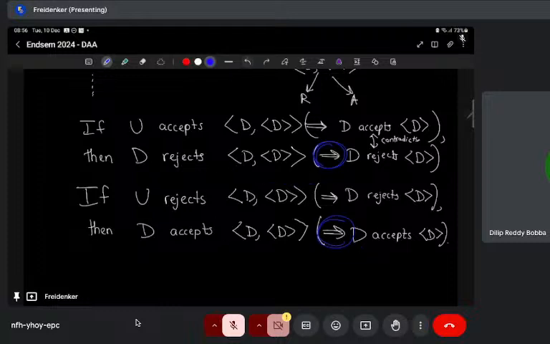Let me just think for a while. If we know that is true, then it is very much obvious there is a contradiction.